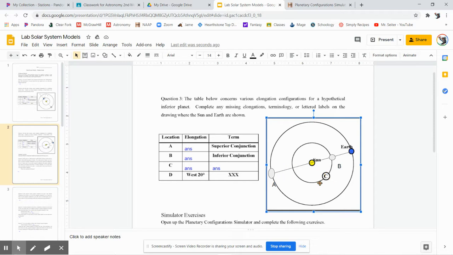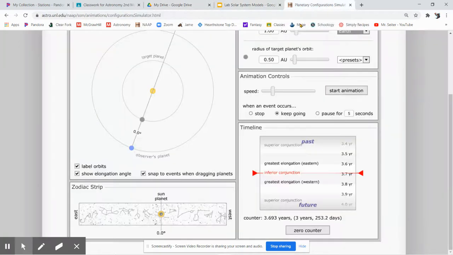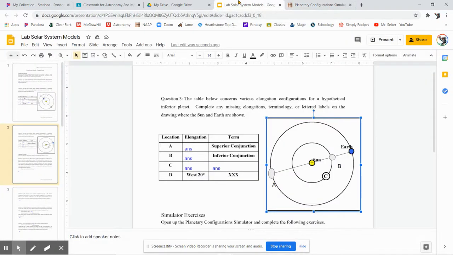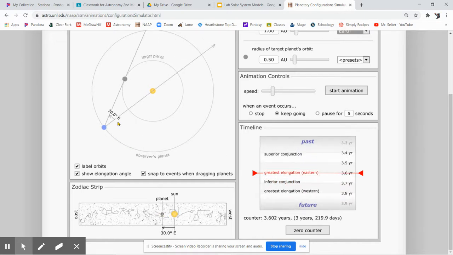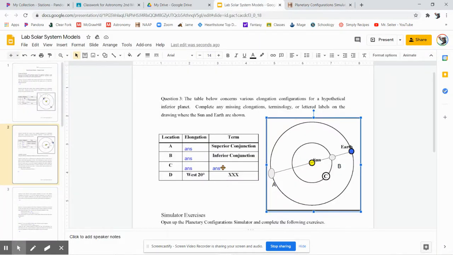Let's take a look at where my elongation is. Greatest elongation. Is that west or east? I believe that is east. It is. It's east. So let's go greatest elongation east. Boom. 30 degrees. So we're going to type in 30 degrees there. So, boom.